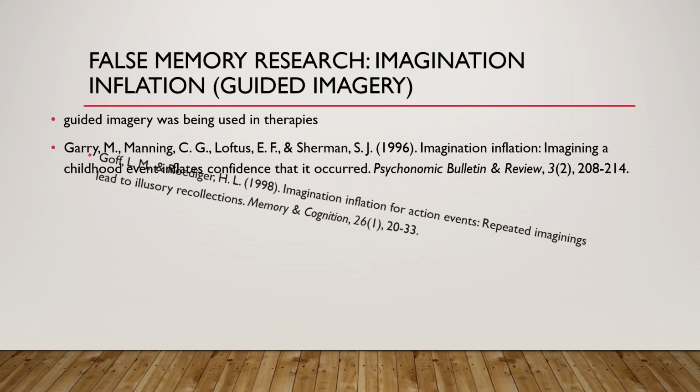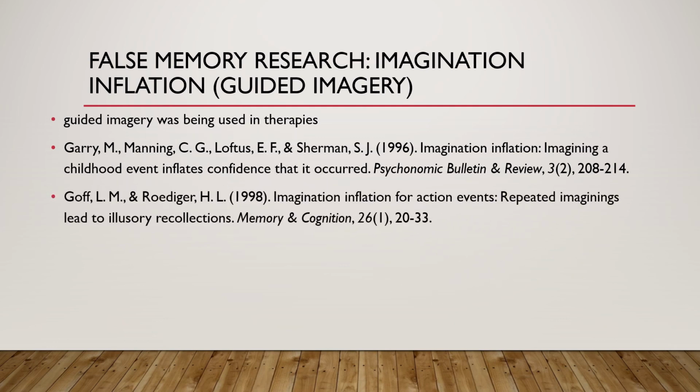In a similar study, Goff and Roediger found that using imagination for events that participants had either done in the lab or not done in the lab, repeated imaginings led to false memories of actually doing some of the events.